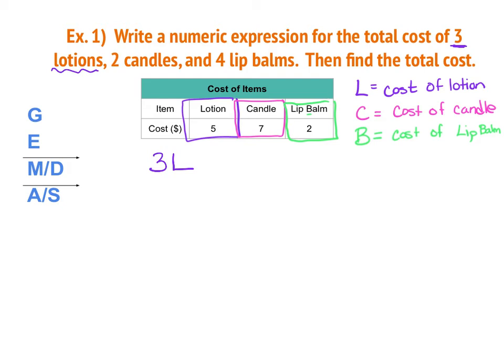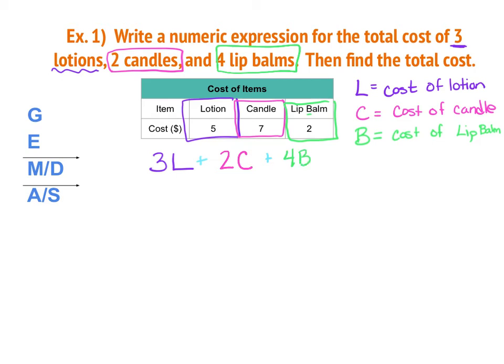To find my total cost, I would just add. So then I have my candle next. How many candles do I have? I have 2 candles. So I have 2 times the cost of my candles. And finally, I have my lip balms, and I have 4 lip balms. So 4 times the cost of my lip balms.